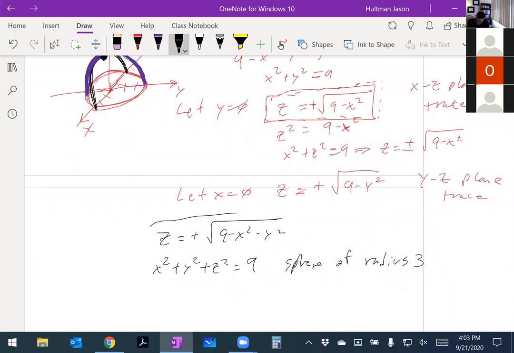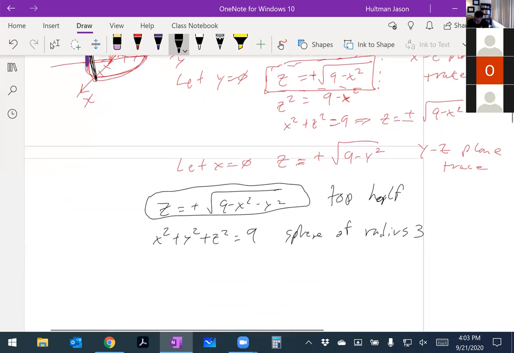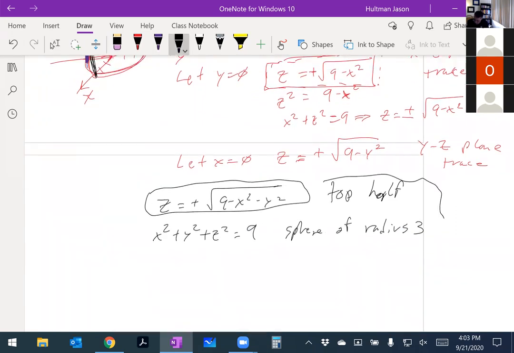But I only want the top half. Looking at our traces, that concurs that this is the top half of a sphere of radius 3. That's the graph of that thing.